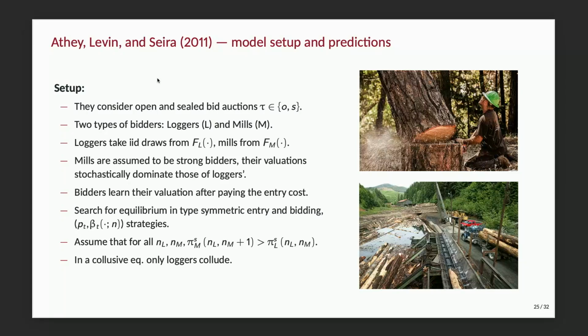They make this assumption to reduce the number of equilibria. And the second assumption is that only mills are colluding. Okay, so to the extent that there may be collusive equilibria, they're only coming from mills colluding with each other, maybe because these are players that have been in the market for longer, and for them it's easier to meet repeatedly and organize this collusion.